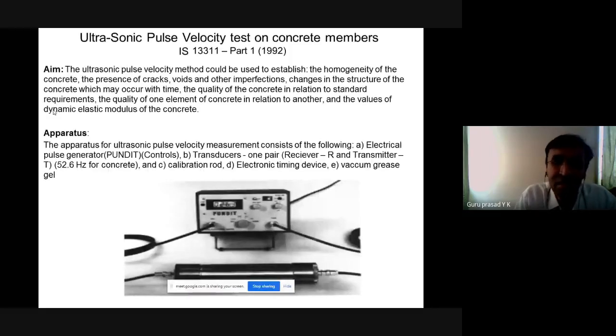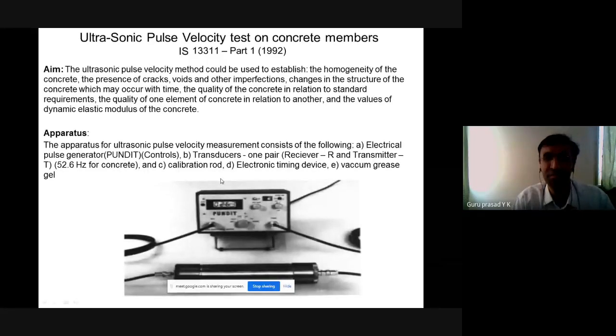So basically, the apparatus for ultrasonic pulse velocity testing usually has a controller, which is called a Pundit. It is a pulse generator. What do you mean by pulse generator? You see the words ultrasonic pulse velocity. It generates ultrasonic sound.